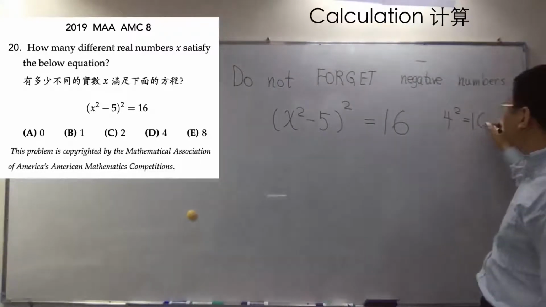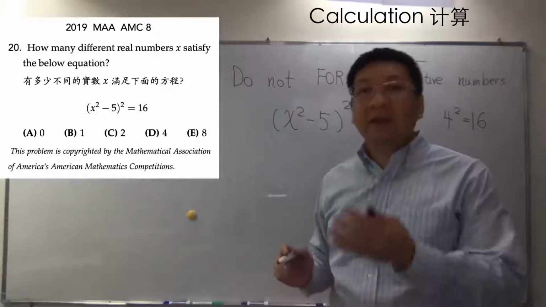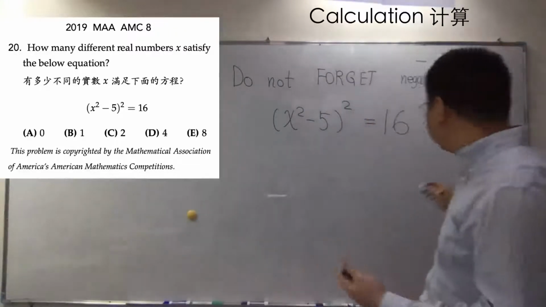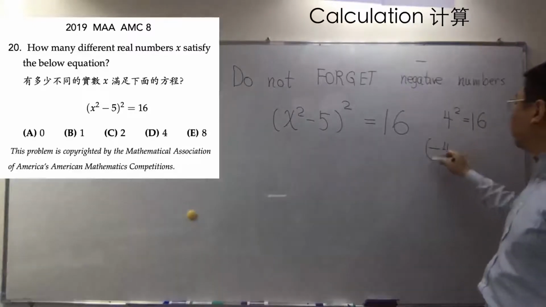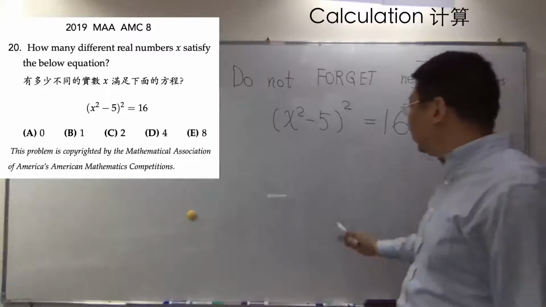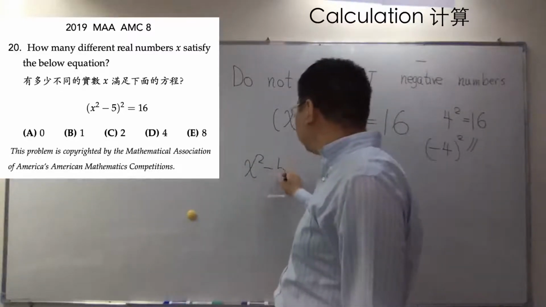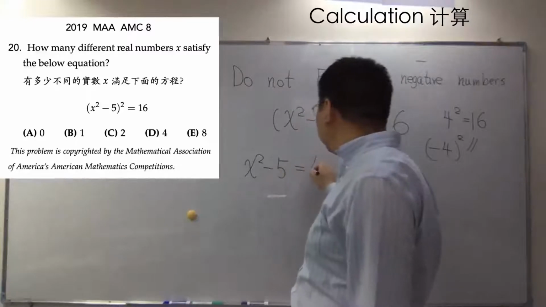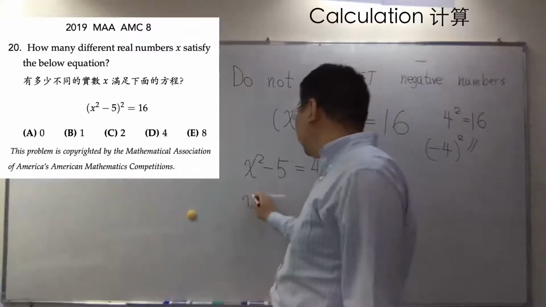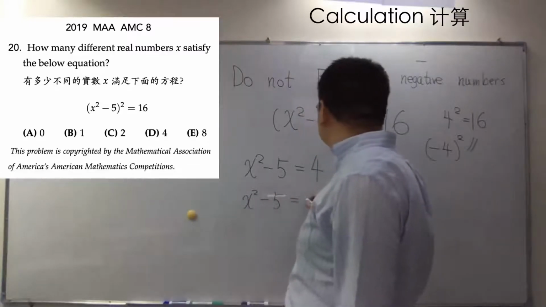But remember, there's another possibility, which is, given that 4 squared is 16, negative 4 squared is also 16. So from that equation, what we should get is x squared minus 5 is either positive 4 or x squared minus 5 is negative 4.